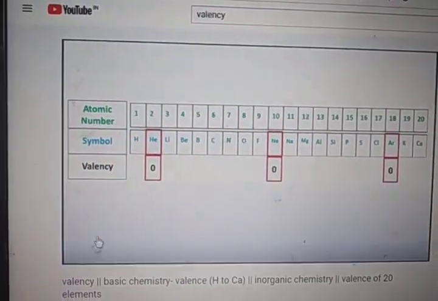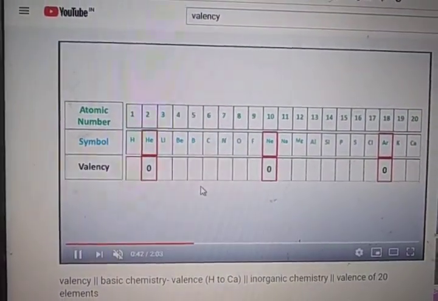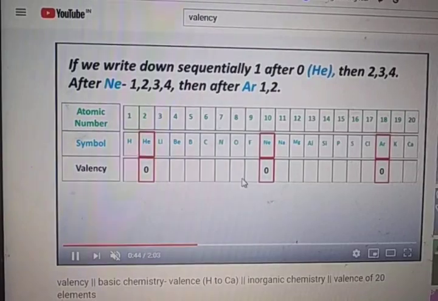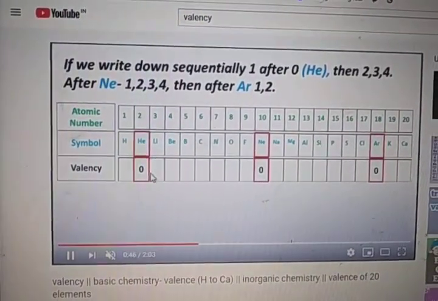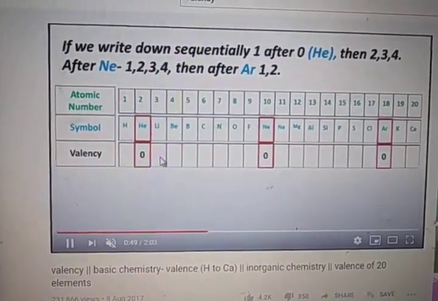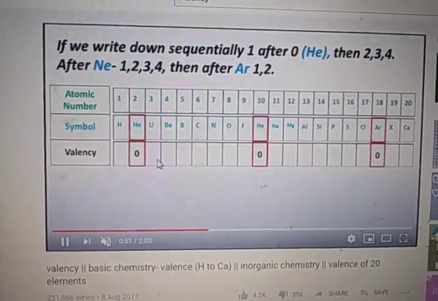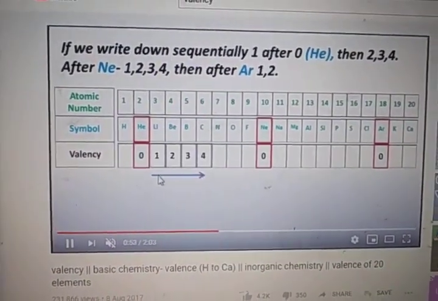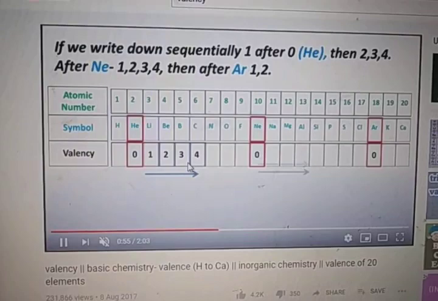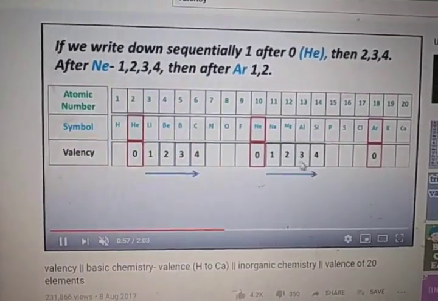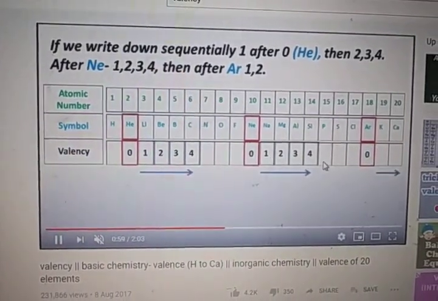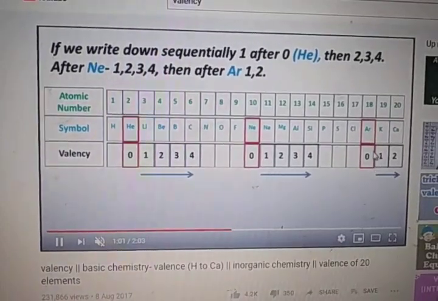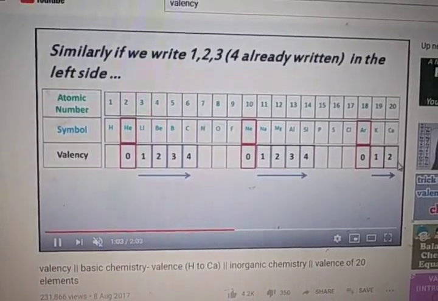Right? After this, we have other elements, and after 0 what number comes? 1. So we will write 1, 2, 3, 4. Again after 0, 1, 2, 3, 4. After the third 0, that is argon, we will write 1 and 2.